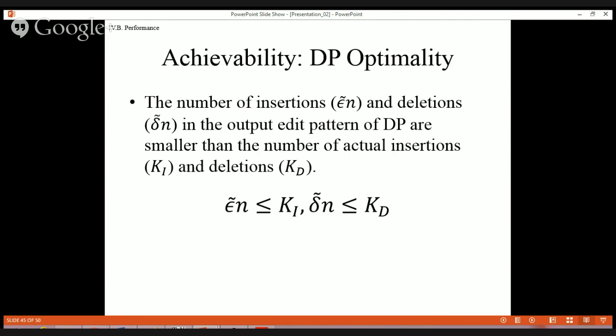And it can be shown as a fact in section 4b that when the edits are only insertions and deletions, not only is the total number of edits minimized by dynamic programming, but also both the number of insertions and the number of deletions are minimized.